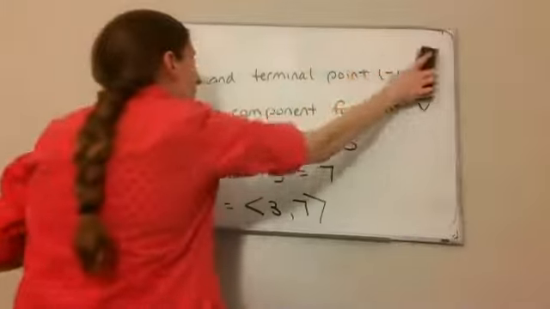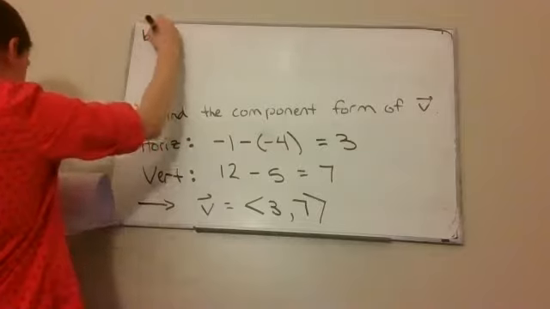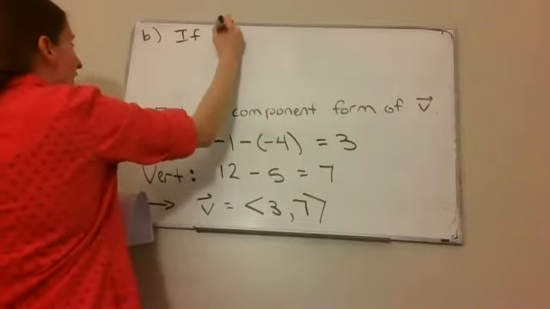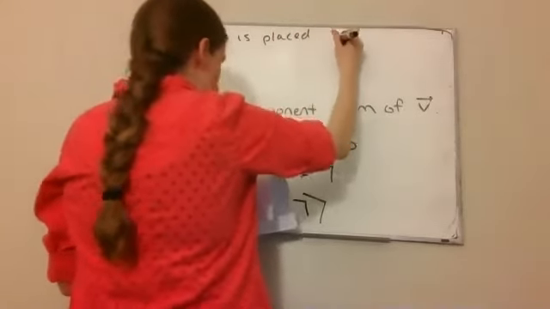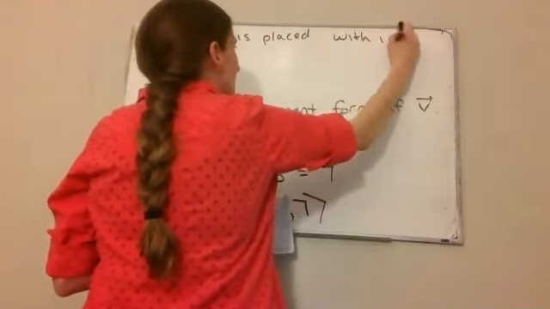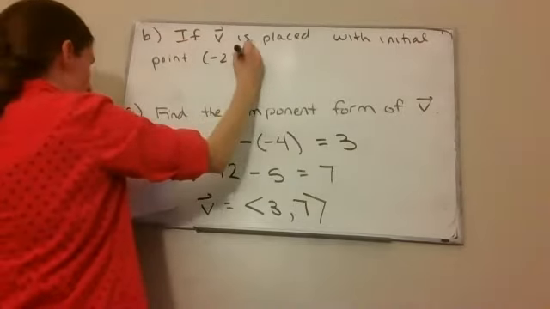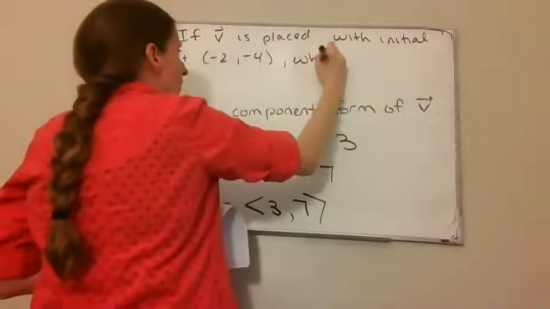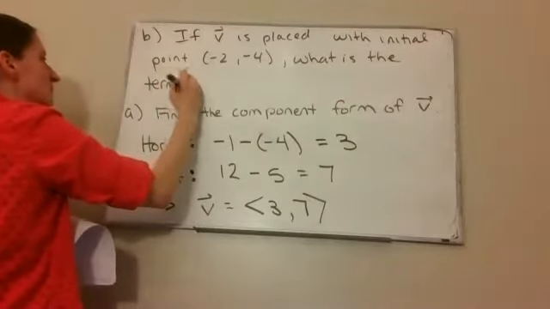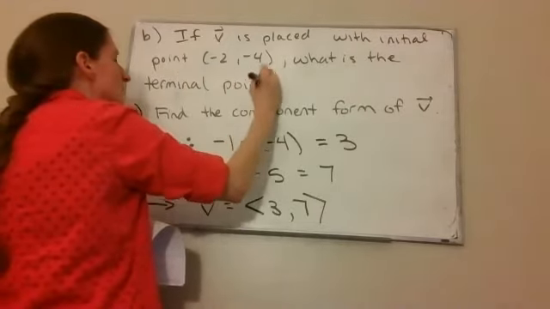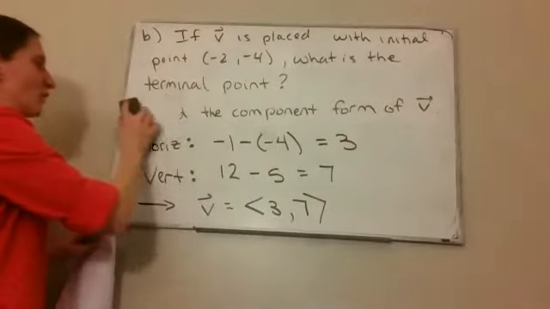Now part B, we're going to pick up our vector and move it to a different starting position. So if vector v is placed with initial point -2, -4, what is the terminal point? Well, we know the vector is now starting at -2, -4.